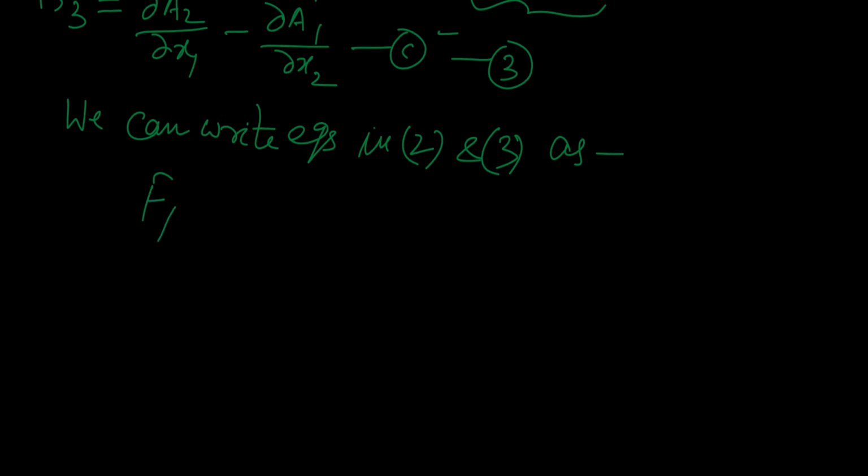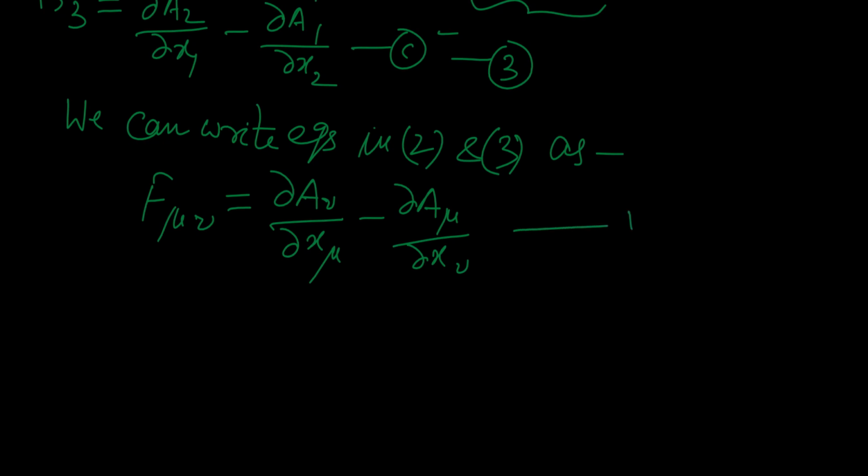F mu nu equal to del A nu by del x mu minus del A mu by del x nu. Say it is equation 4.